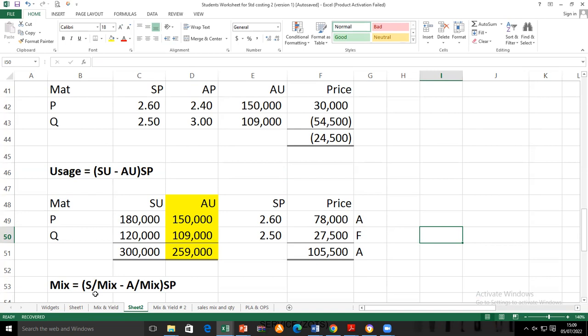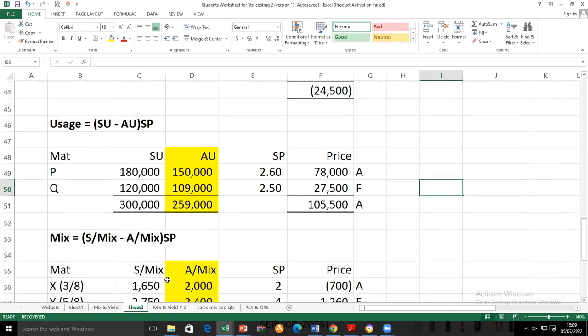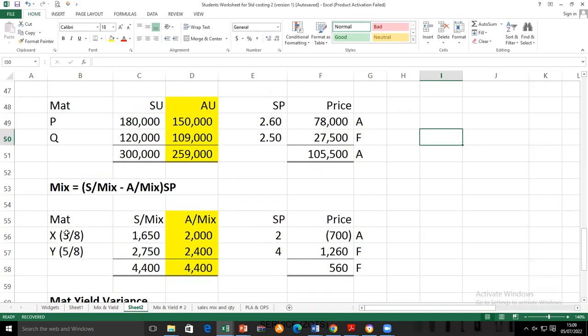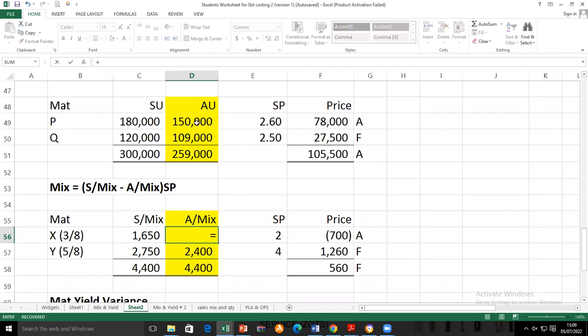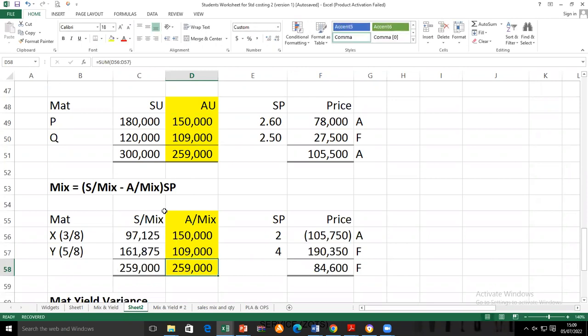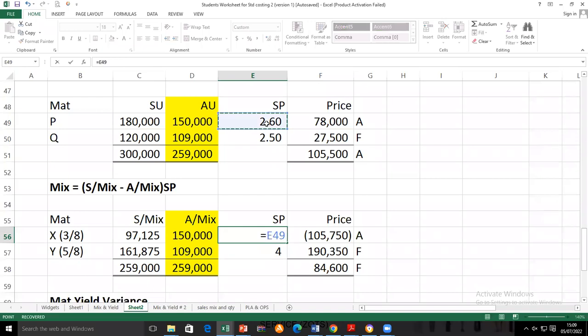What are the mix variance? Standard mix and actual mix. So where's our standard mix? The actual mix, we pick what we have here. That's your actual.